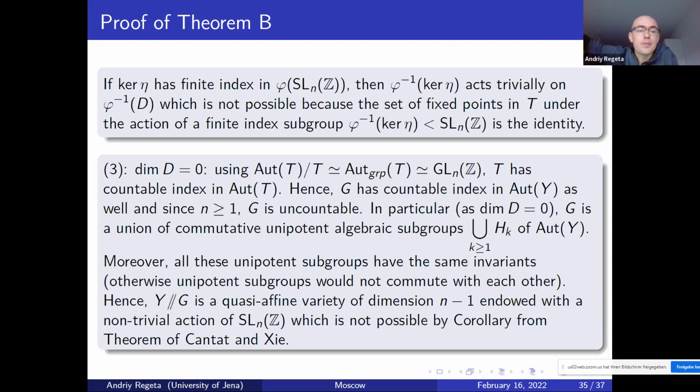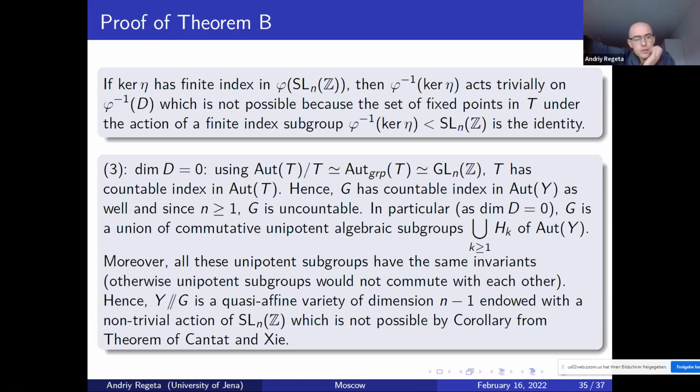And since n is bigger than or equal to 1, G is uncountable. In particular, because the dimension of D is 0, G is a union of commutative unipotent algebraic subgroups H_k of Aut(Y). So all these unipotent subgroups have the same dimension, because otherwise unipotent subgroups would not commute with each other.